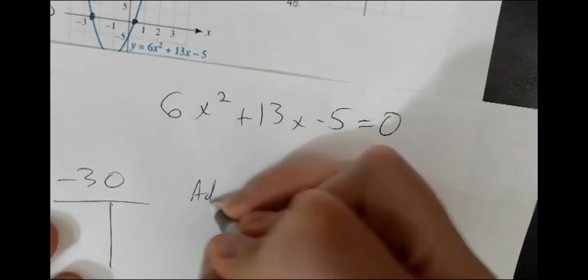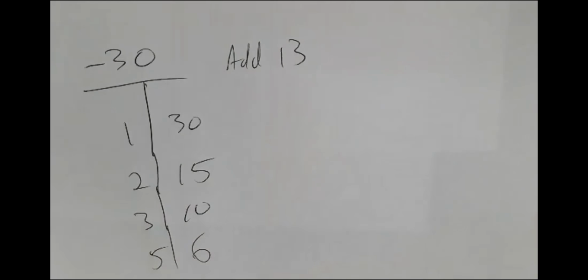AC method. So I'm looking at -30, and it's going to add to 13. I think those are all my factors: 1 and 30, 2 and 15, 3 and 10, 5 and 6. One of them has to be negative and one positive for the product to be negative.